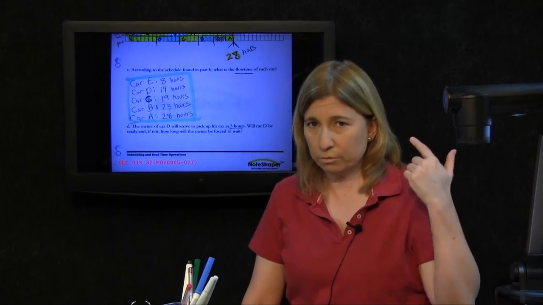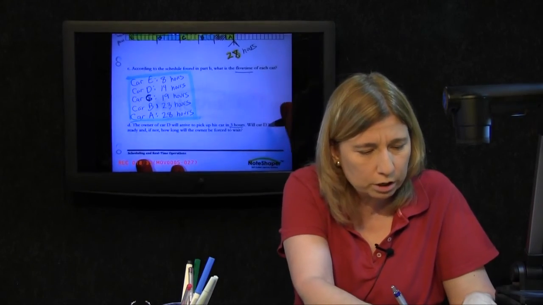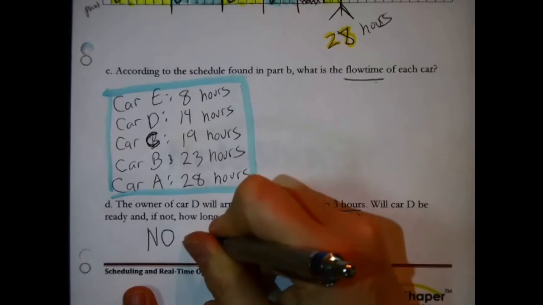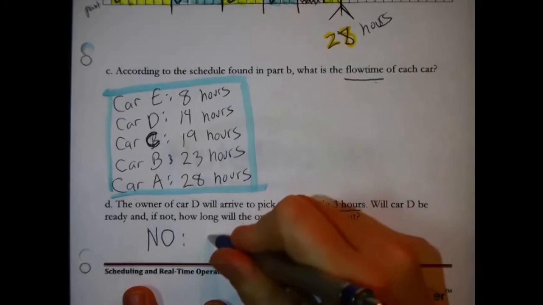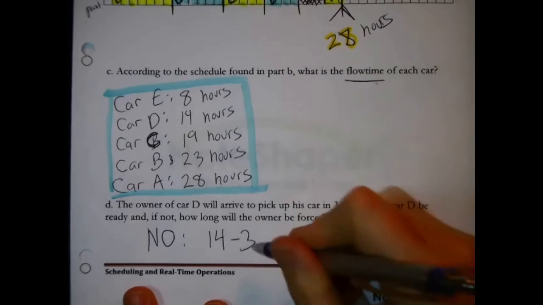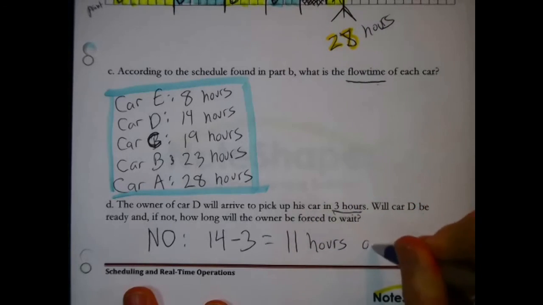That means that we'll finish in 14 hours, which means, to address this question, will car D be ready? No, definitely not. How long will the owner be forced to wait? Well, we'll be finished in 14 hours. The owner's not going to show up for 3 hours. That implies 11 hours of waiting.